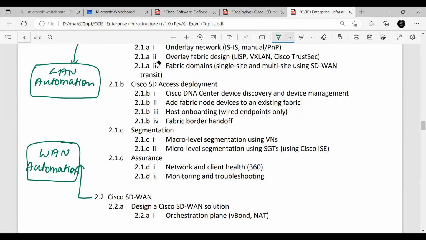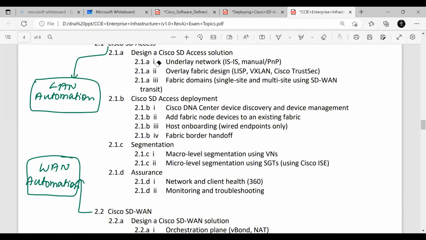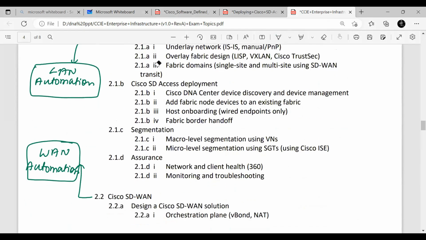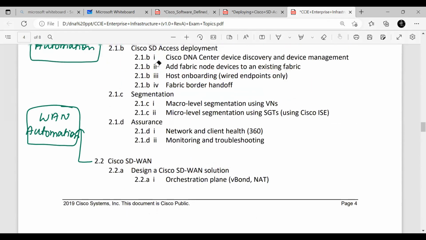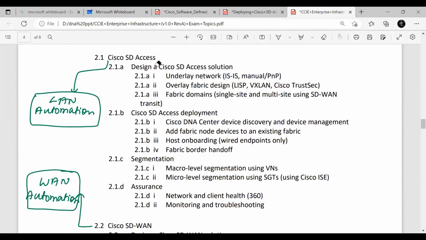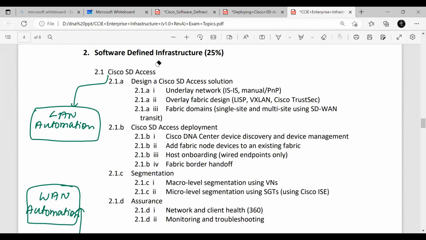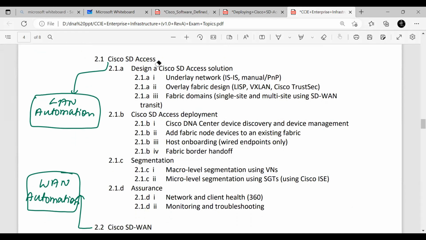But we will be covering what SD-Access and SD-WAN are. It's an interesting technology. Personally, I love LAN automation and WAN automation technologies. There's so much to learn, but before learning this, your basics must be clear.